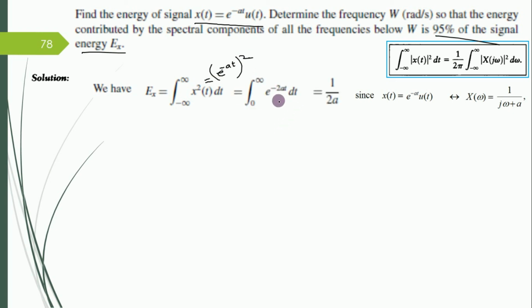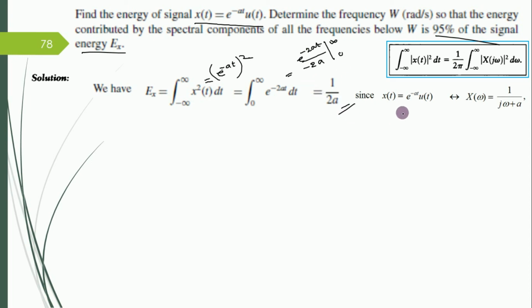If you take its integration, you get e raised to minus 2at divided by minus 2a, from infinity to 0. If you substitute infinity, it goes to 0. If you substitute 0, you get minus 1. Minus minus cancels, so you get 1 by 2a.